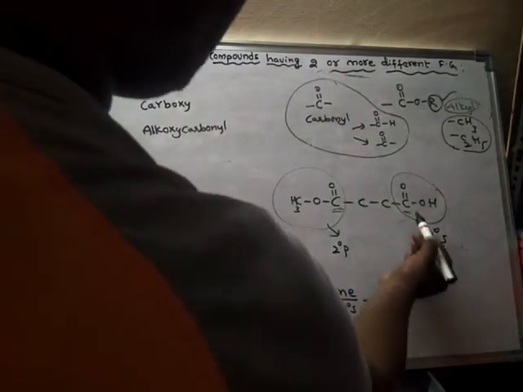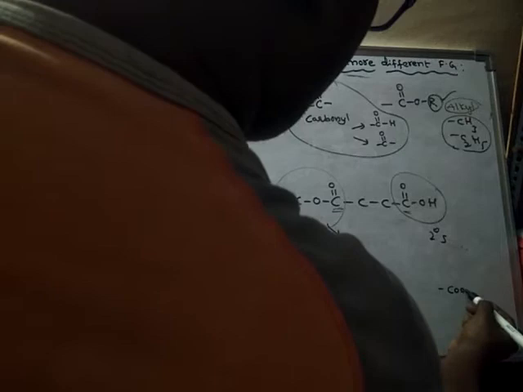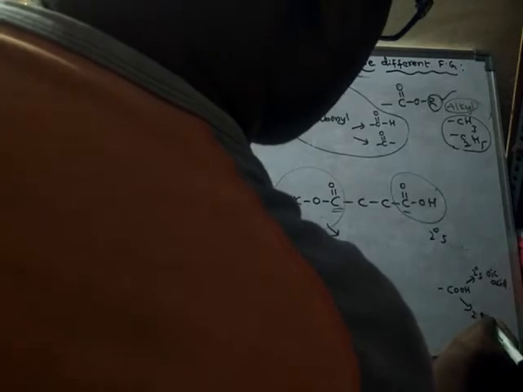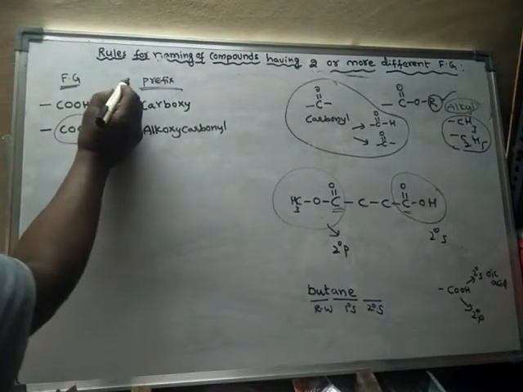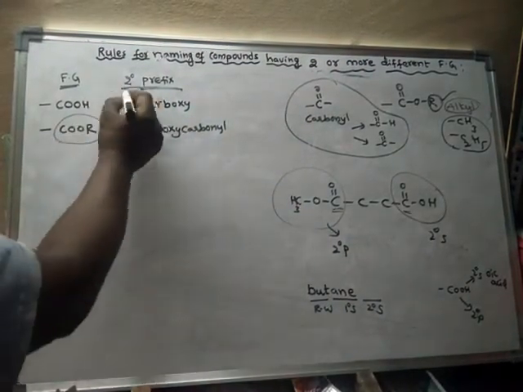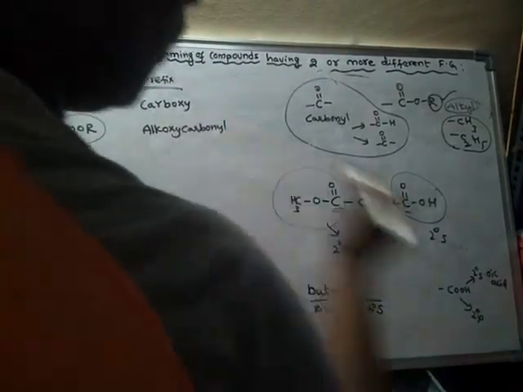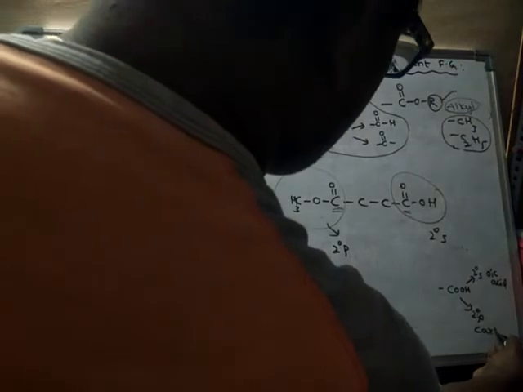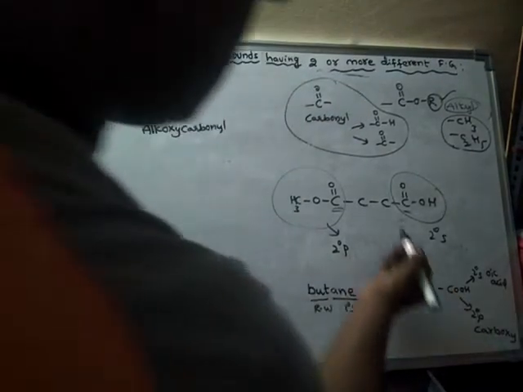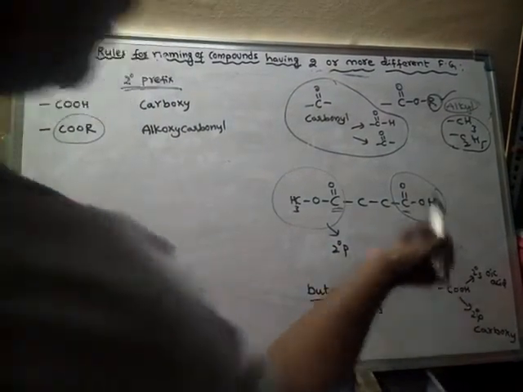But always remember that for carboxylic acid, for COOH, its secondary suffix name is oic acid, and its secondary prefix name is carboxy.